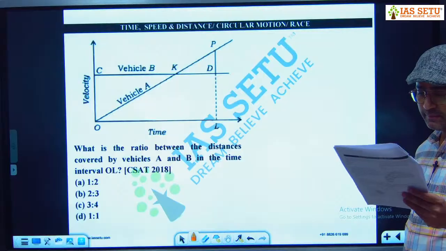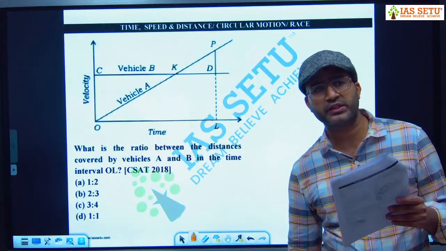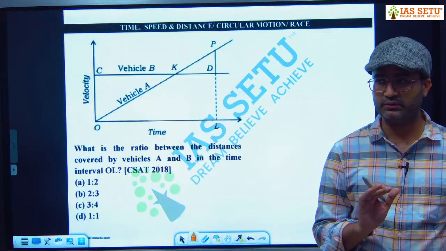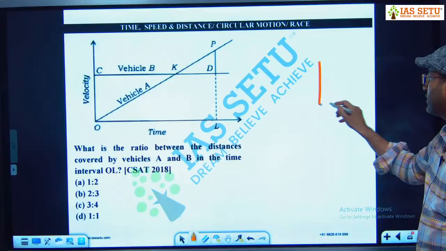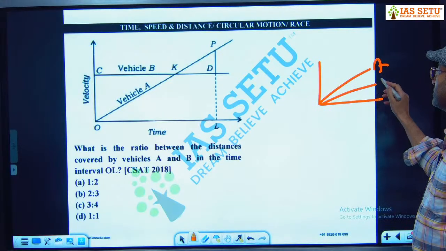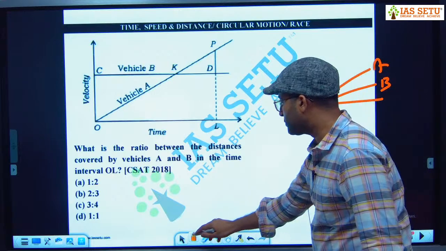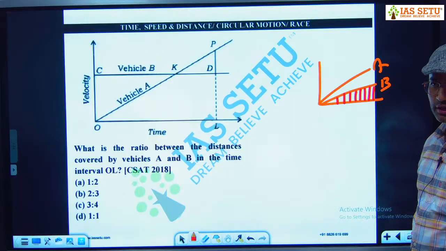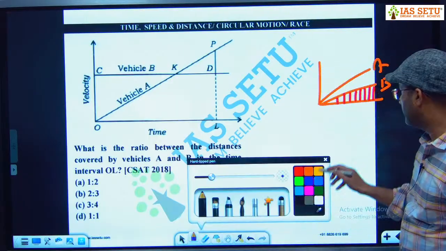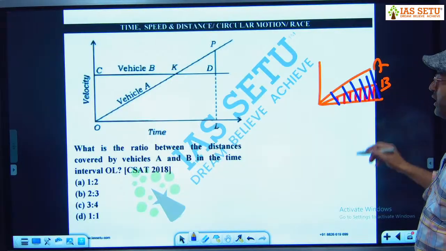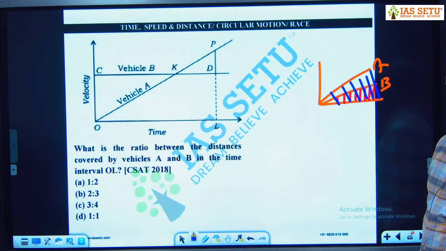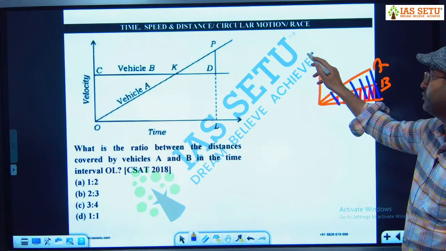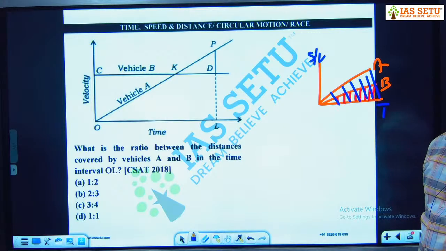DI concept is in a speed time or velocity time graph, area under the graph represent distance covered. जो हमने पढ़ा था ना कि like here this is train A, this is train B. So here if it is a speed time or velocity time graph, it represent the distance covered by train B, and here this represent the distance covered by train A. So here without much calculation we can conclude train A cover more distance than train B if it is a speed velocity time graph.